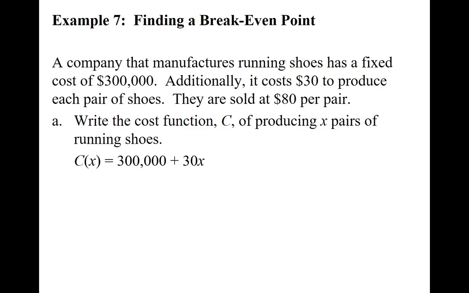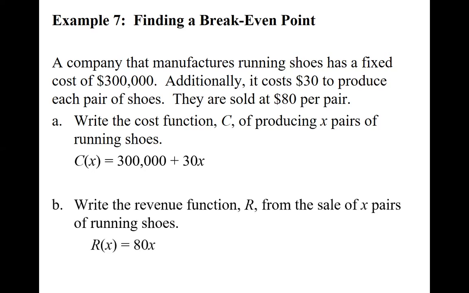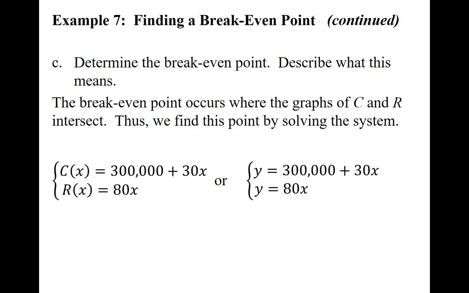The revenue function, money in. We're selling them at $80 per pair. That's 80 times x. The revenue function is 80x. So if we find where these intersect, in other words, if we solve the system of these two equations, we'll get the break-even point.